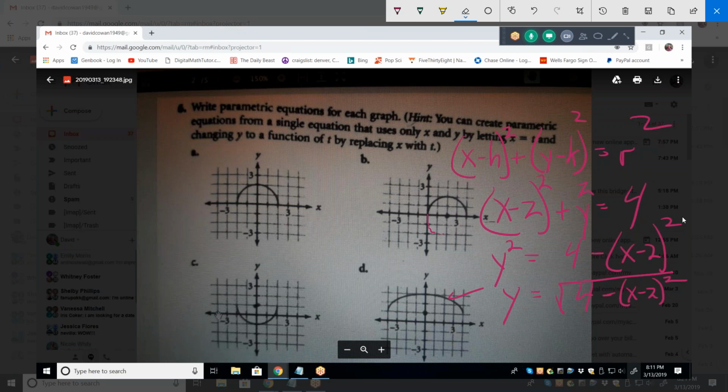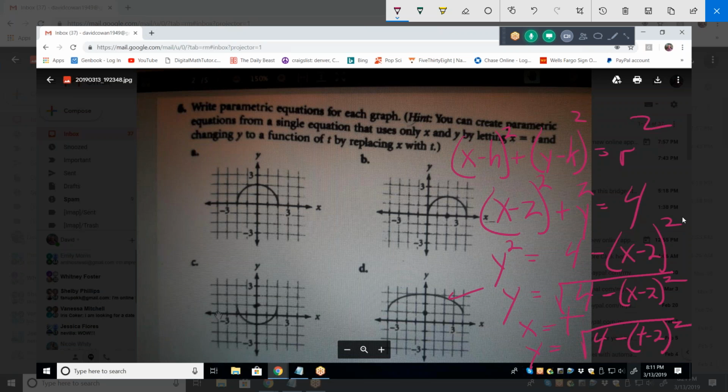And x would equal t? Yep. The rest of it's a piece of cake. X equals t, therefore y equals the square root of 4 minus (t minus 2) squared. In other words, wherever you run into x, substitute t. Your answer key is probably going to give you something different here, because I can expand that out.